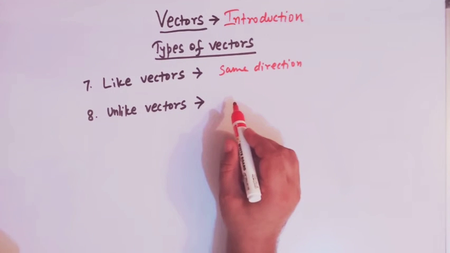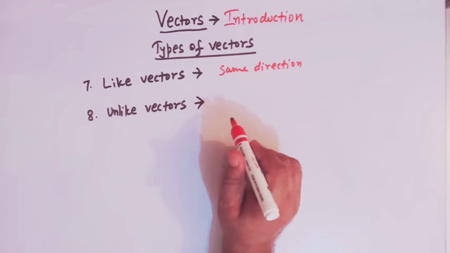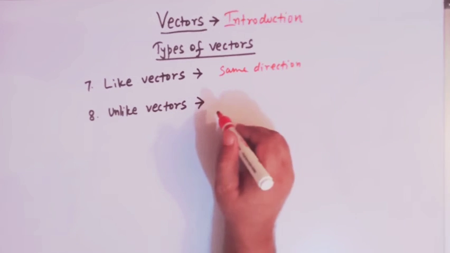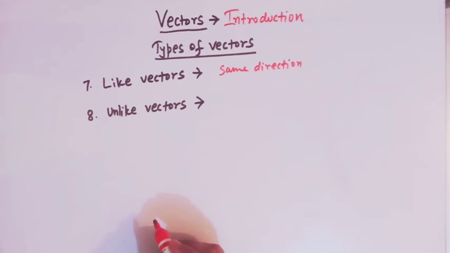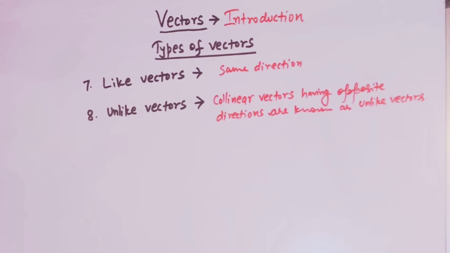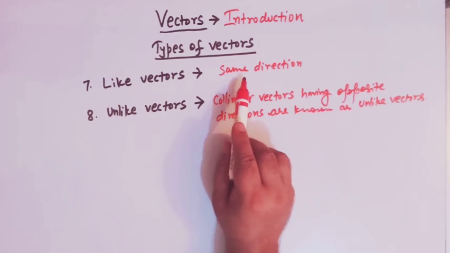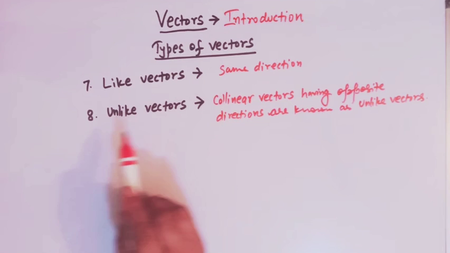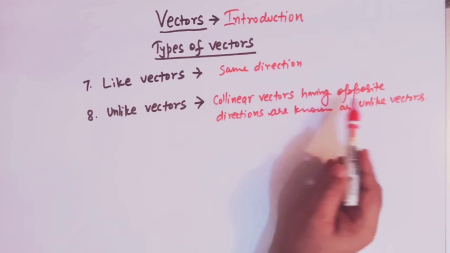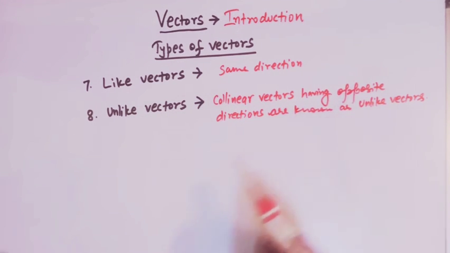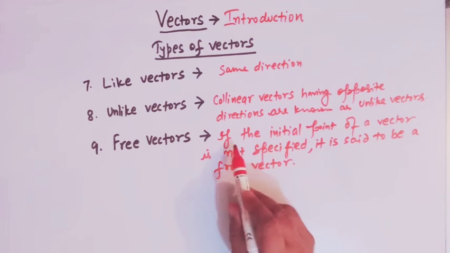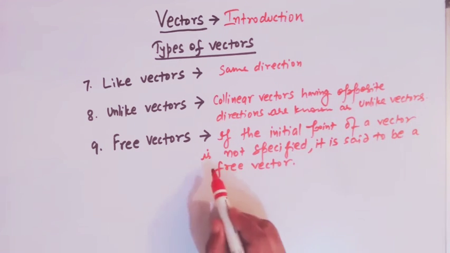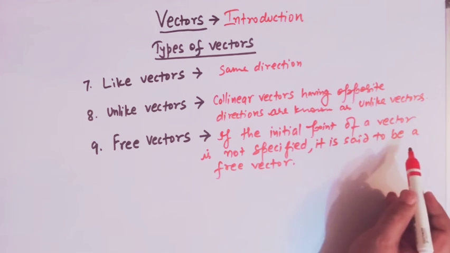And what are unlike vectors? Collinear vectors having opposite directions are called unlike vectors. Now come to the concept of free vectors. So what are free vectors? If the initial point of a vector is not specified, it is said to be a free vector.